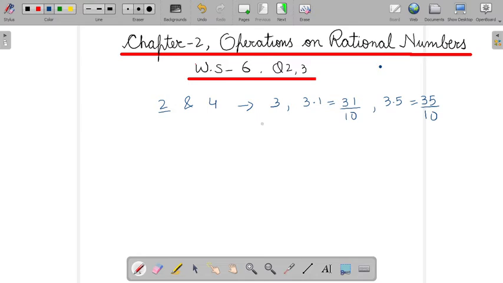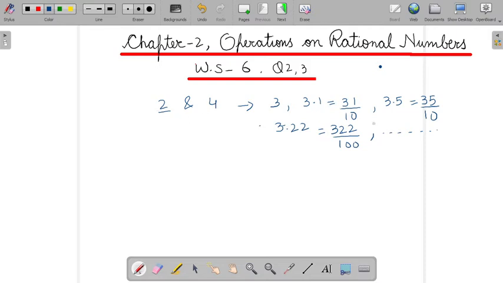And like this, we can find 3.242. So this is also a rational number because it can be written as 322 upon 100. And this number 3.22 also lies between 2 and 4. So can you suggest how many rational numbers between any two rational numbers we can find?